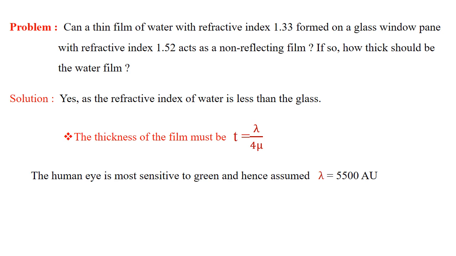Now the wavelength is not given in the problem, but always keep in mind our eye is most sensitive to green, and hence we can assume lambda is equal to 550 Angstrom. Using that you will get the answer 1034 Angstrom. That is the minimum thickness of the film required so that the water film will act as a non-reflecting one.